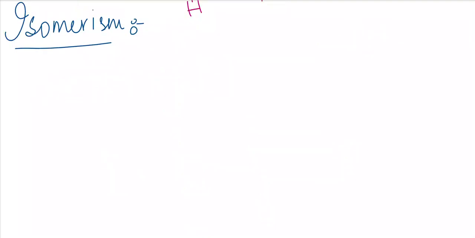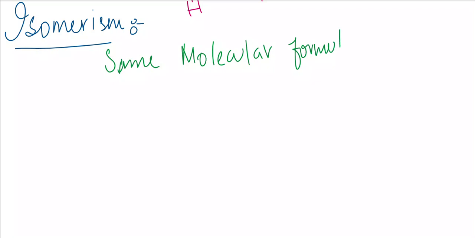So this is about the structural formula of organic compounds. Next we have isomerism. Isomerism is the property of compounds that have the same molecular formula. The molecular formula will be the same, but there is a difference in the structural formula.